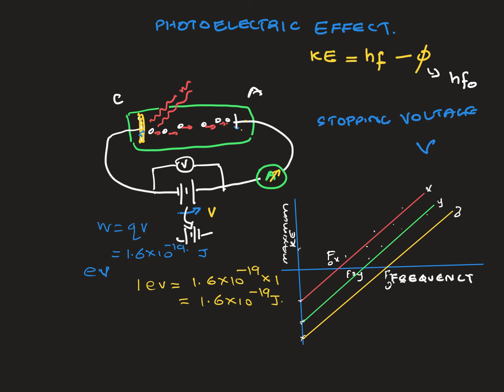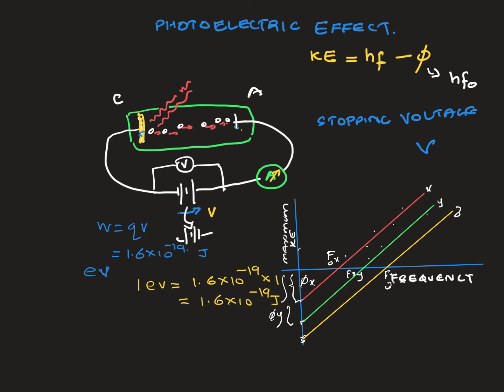That's the threshold frequency for all three metals. And this one is the energy that's required to just get the electrons out, so that is the work function. We can say this one is phi x, in the same way this is phi y, and this one is phi z.